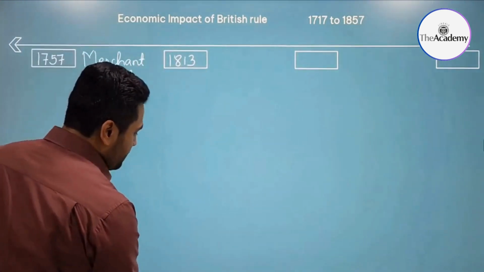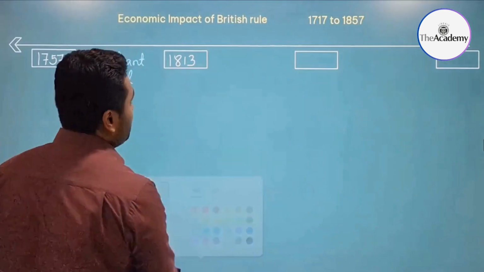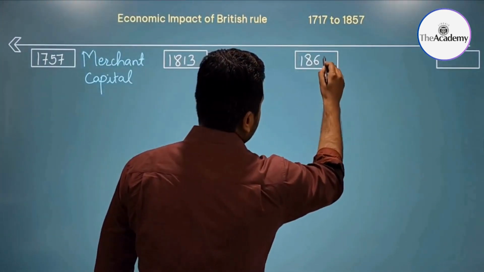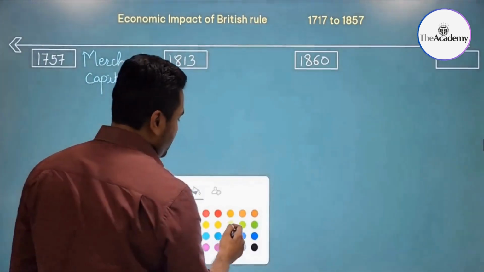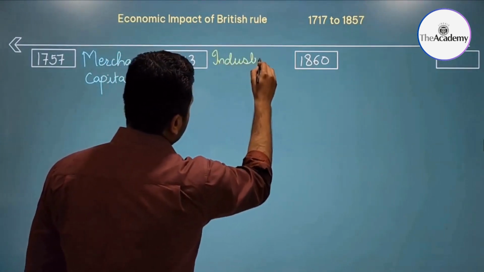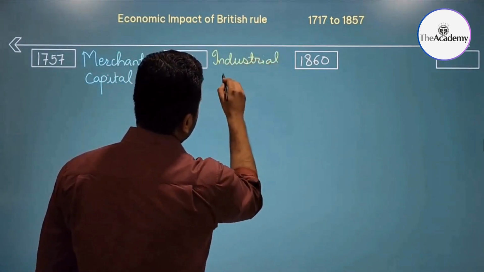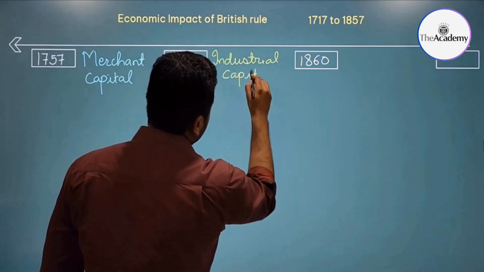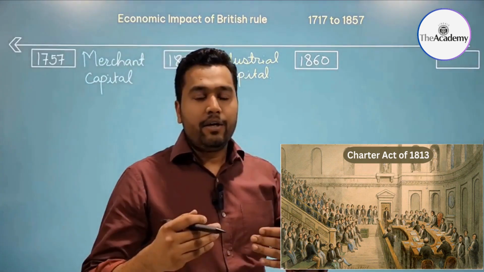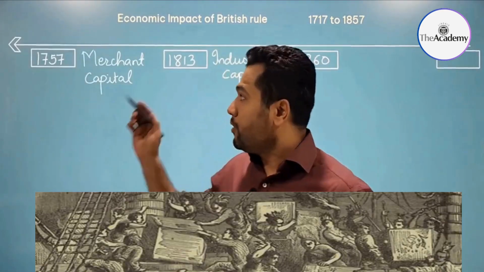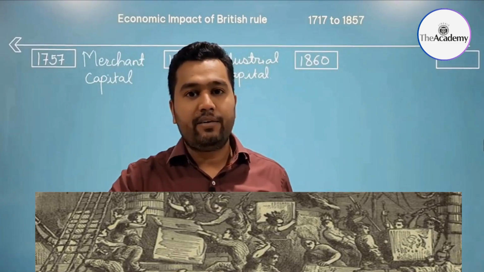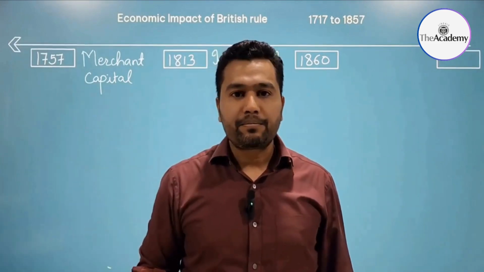The second stage, from 1813 up till 1860, is the stage known as industrial capital colonization. The Charter Act of 1813 withdrew the monopoly that was given to the East India Company as per the Charter Act of 1600, renewed successively.